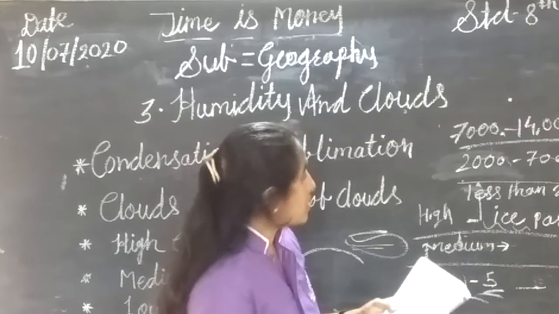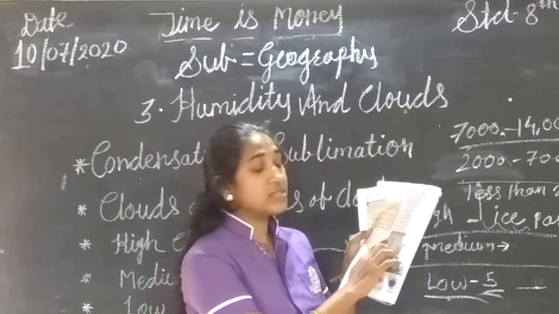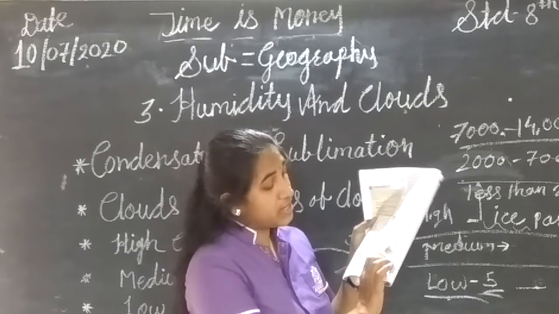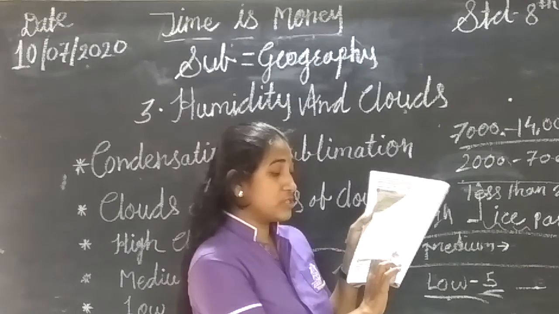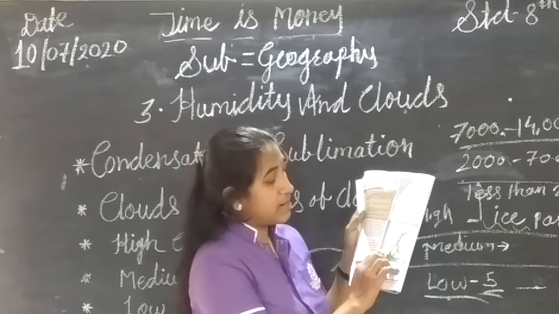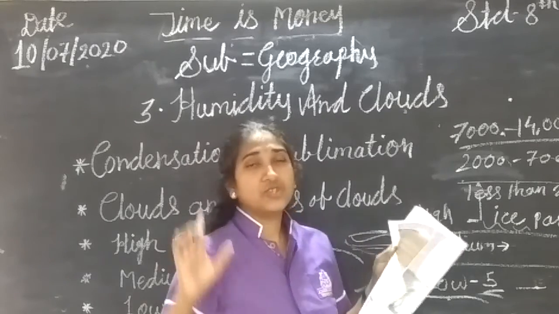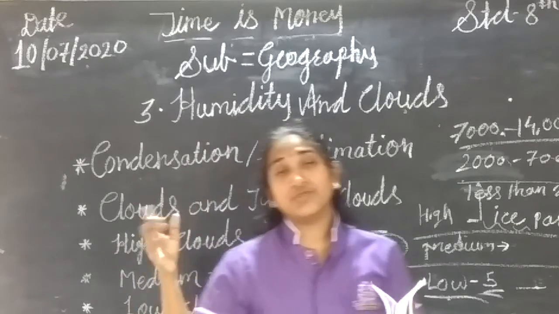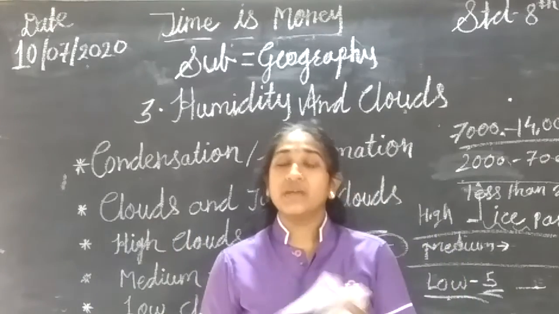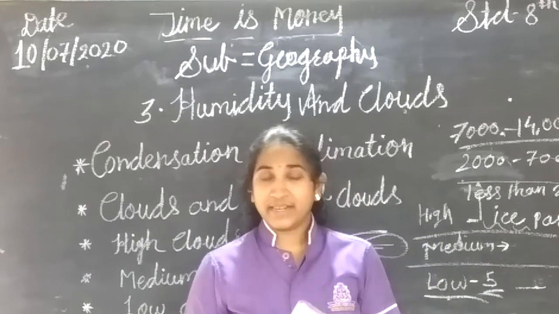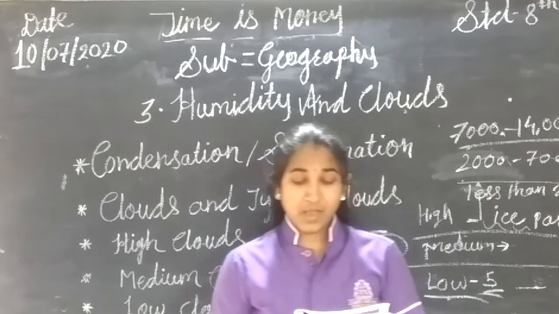See, in this figure you can see there is a positive charge at the top, then again a positive charge down there, and here also a negative charge. Because of these charges, lightning is formed.